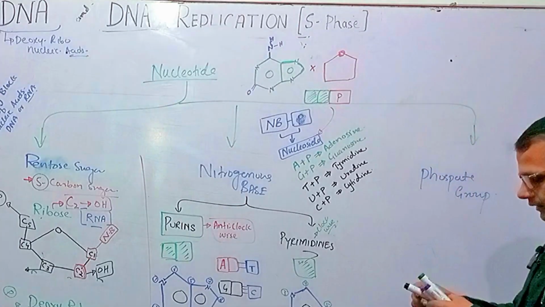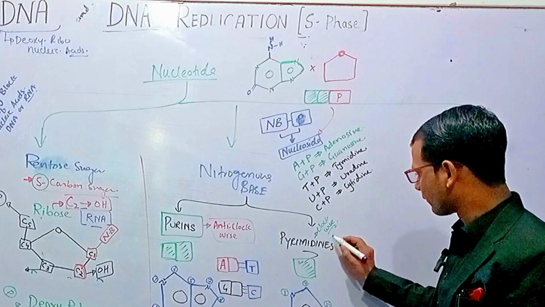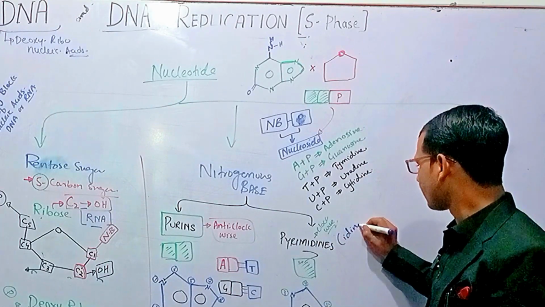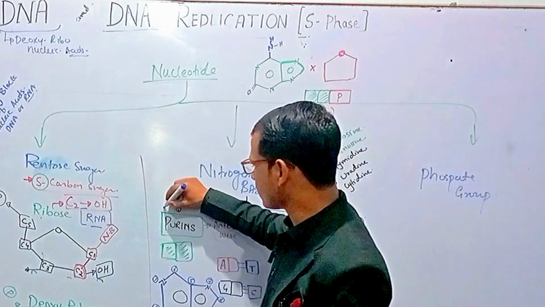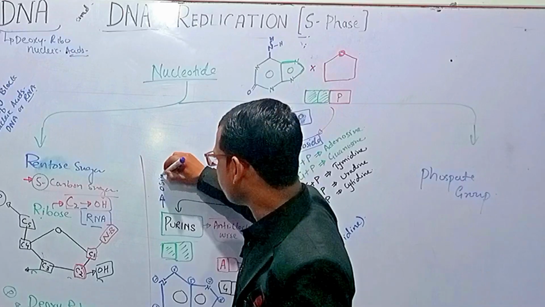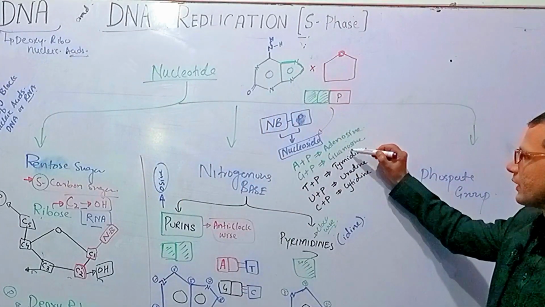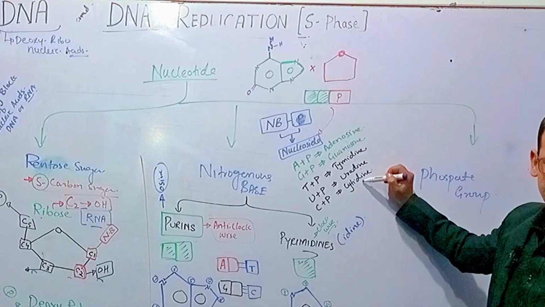One easy nomenclature rule is that in pyrimidines we add 'idine' to the name, and in purines 'osine'. So adenosine, guanosine, thymidine, uridine and cytidine. Understand?